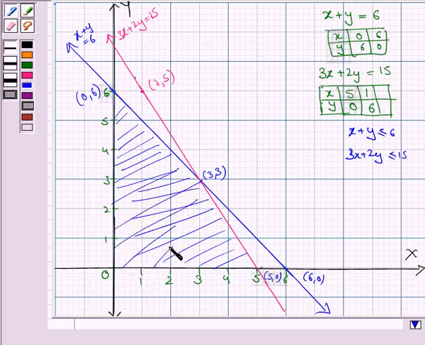Right. Now, we know that by the fundamental extreme point theorem, the optimal solution to a linear programming problem, if it exists, occurs at an extreme point or the corner point of the feasible region. Now the corner points of this feasible region are 0, 0, 0, 6, 3, 3 and 5, 0.